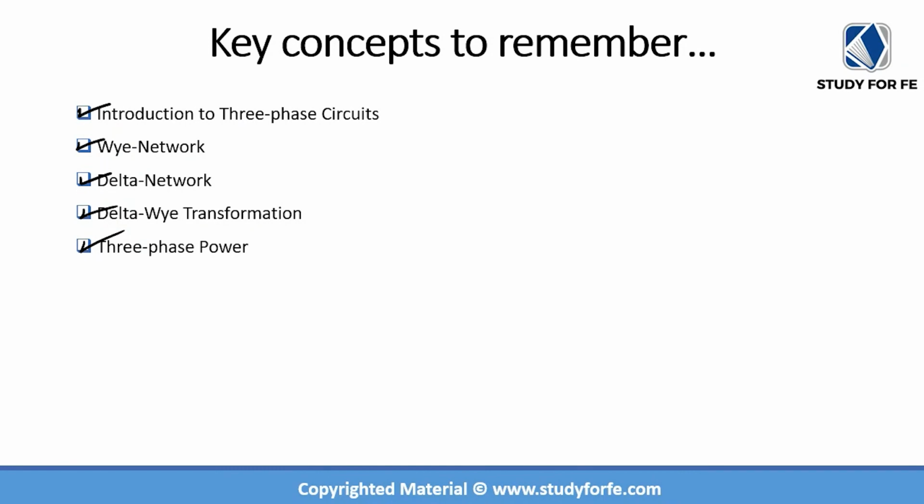You have to keep track of the magnitude, you have to keep track of the phase angles, and similarly while going between delta and Y networks. This is where most of the students get confused. If you are able to develop a deep understanding of three-phase networks, as I mentioned in the beginning, it will not only serve you well for the FE Electrical and Computer exam, but it will also pay dividends because it is a very heavy component on the PE Power exam as well.